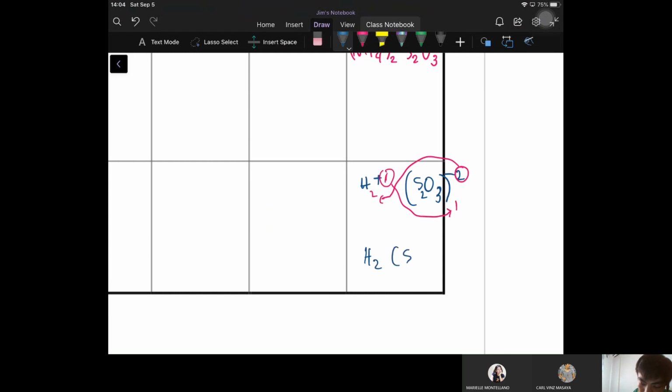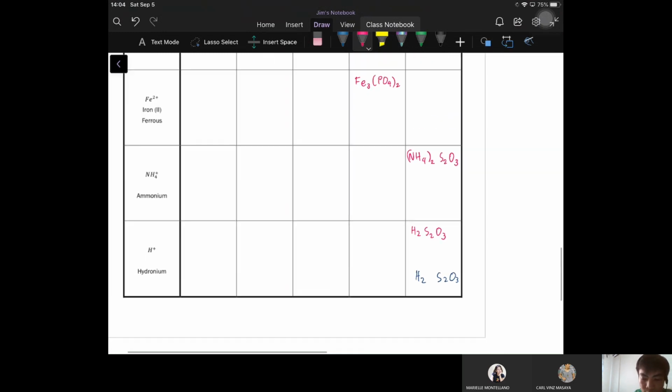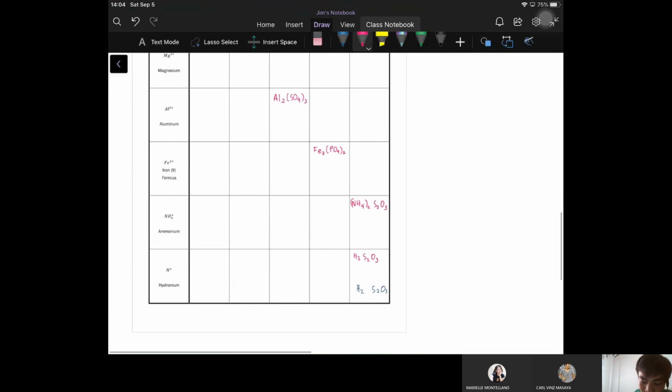H2, parenthesis S2O3, 1. Okay, so again, look. When the subscript of the parenthesis is 1, you can just simply erase it. So, when the subscript of S2O3 is only 1, you can remove the parenthesis. So, my final formula would be H2S2O3.